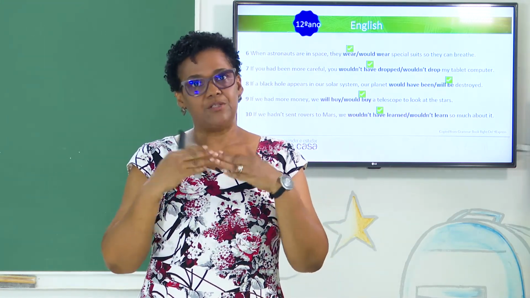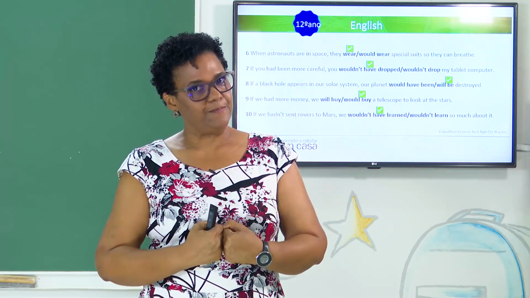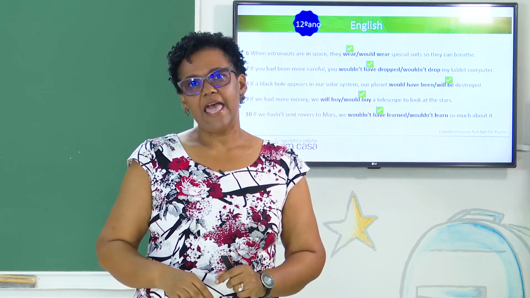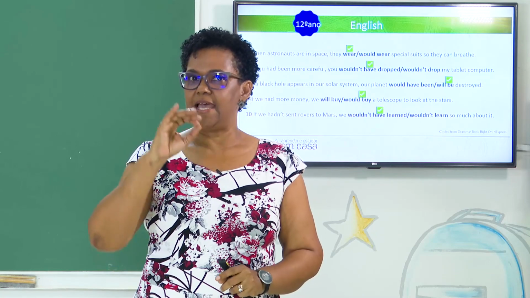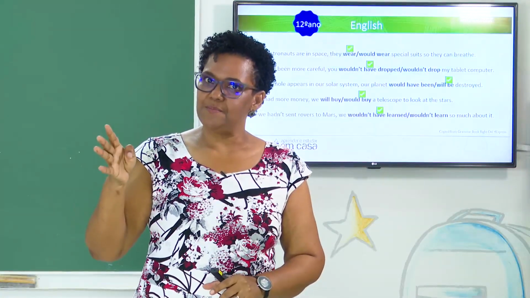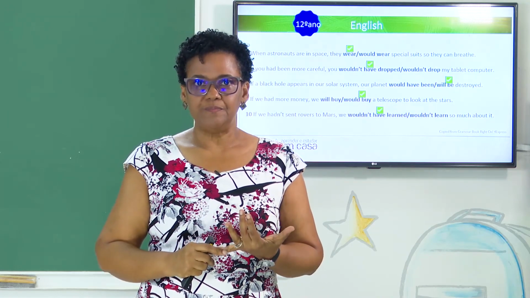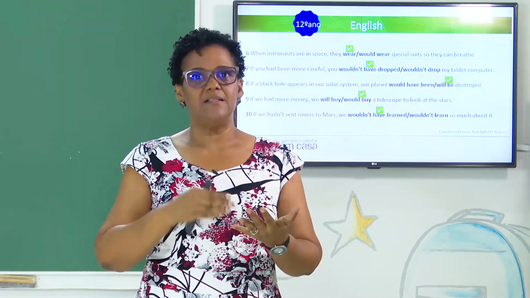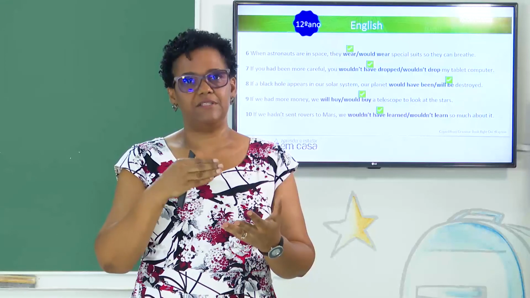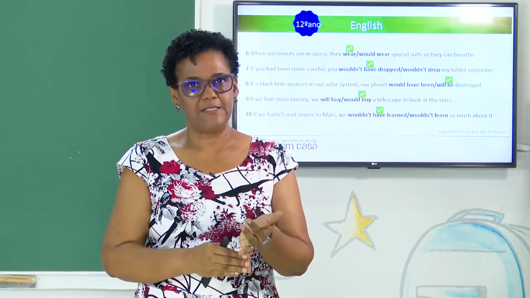So, today, what have you seen? We have seen that there are four different types of if clauses. We had zero, where the results happen if you have the hypothesis.